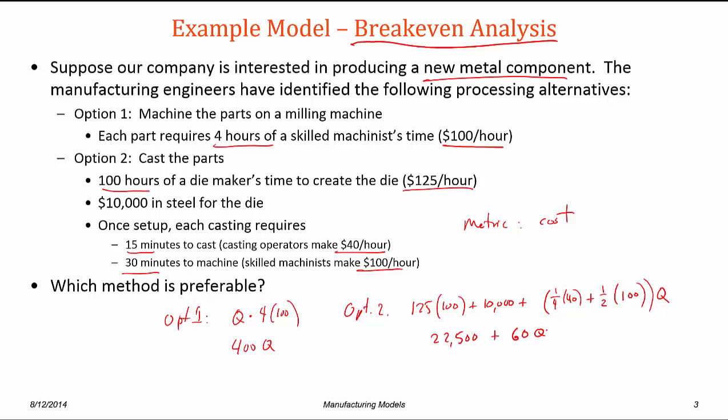And so option 1, 400Q, option 2, 22,500 plus 60Q.